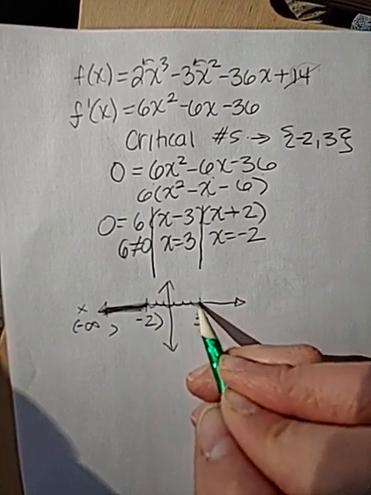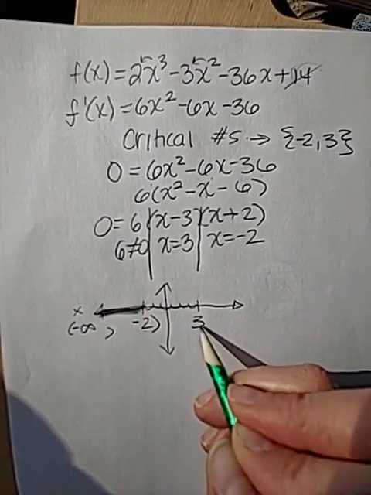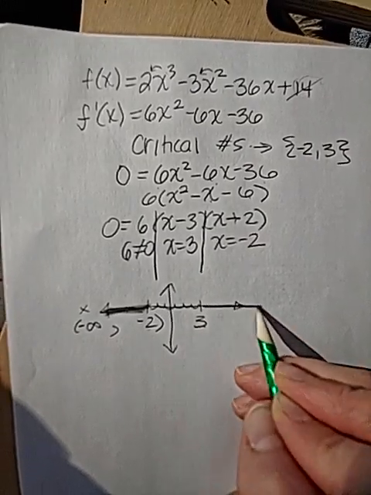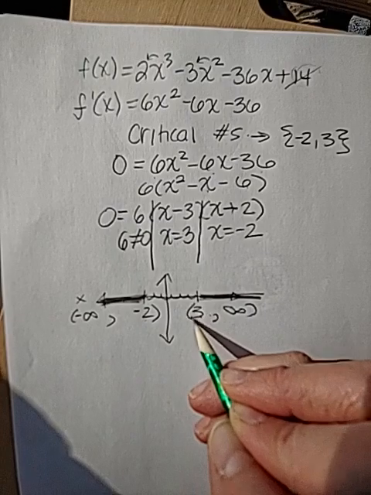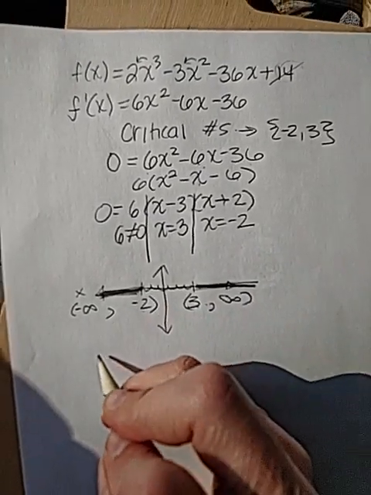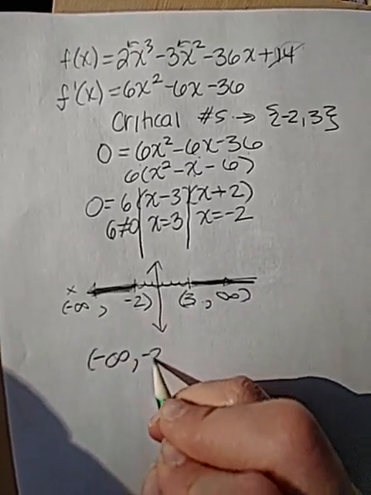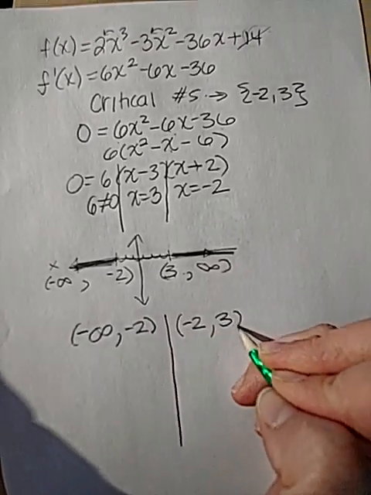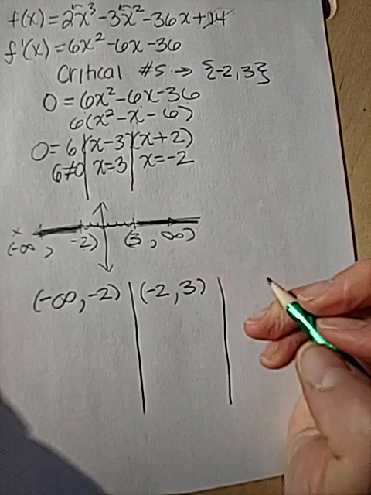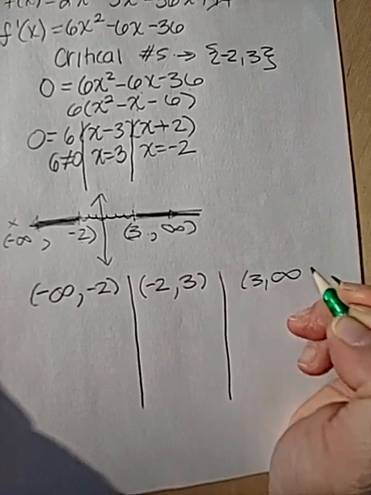I have this interval here, which is negative 2 to 3. And I have this interval here, which is 3 to infinity. So I'm going to use those 3 intervals to test the value of the first derivative.